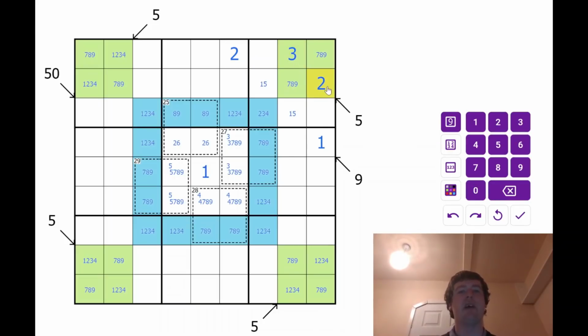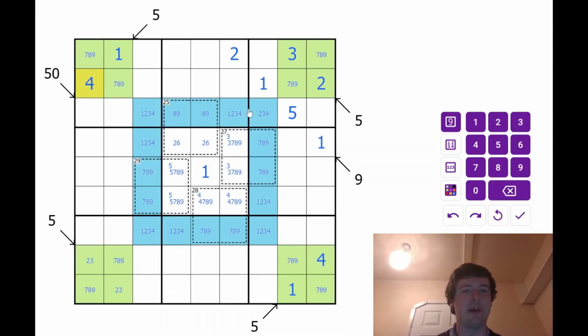Now that we know this 5 is a 2 plus 3, we know the 2 5s next to it are 1 plus 4, and this 5 over here is 2 plus 3. And this one here tells us which way round this 1-4 pair goes. That's a 1, that's a 4. This 1 resolves the 1-5 pair. That's a 5, that's a 1, and that gives us the 1-4 pair over in this corner here.